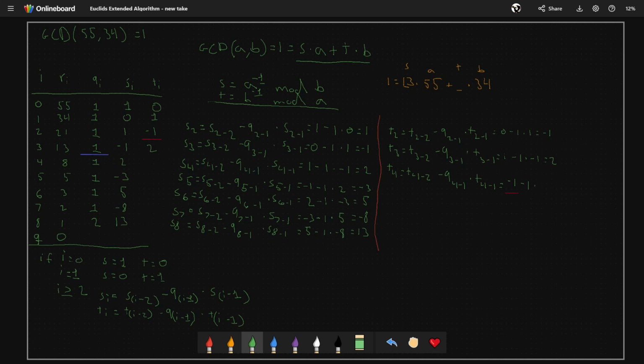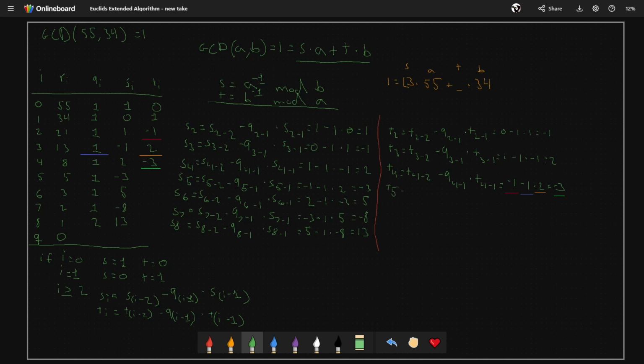And then we're going to multiply that by t4 minus 1. That's t3, and t3 we just calculated to be 2. So our equation comes out here 2. 1 multiplied by 2, that's 2. Negative 1 minus 2 is equal to negative 3. So t4 is equal to negative 3.